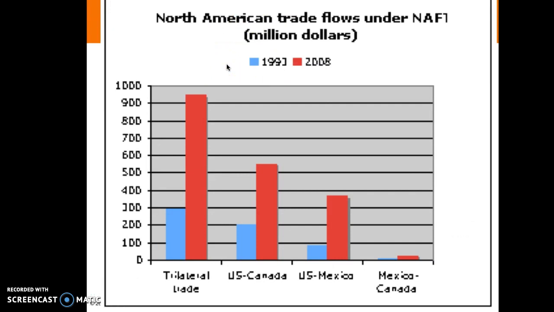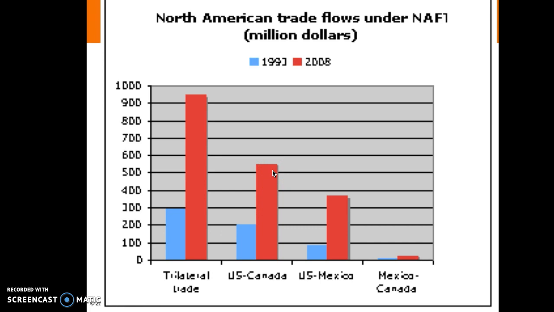But look at what happened to our trade. So trilaterally, looking at U.S., Mexico, and Canada trade, it increased from $300 million in 1990 to over $900 million in 2008. Between the U.S. and Canada, we increased from $200 million in trade to about $550 million.